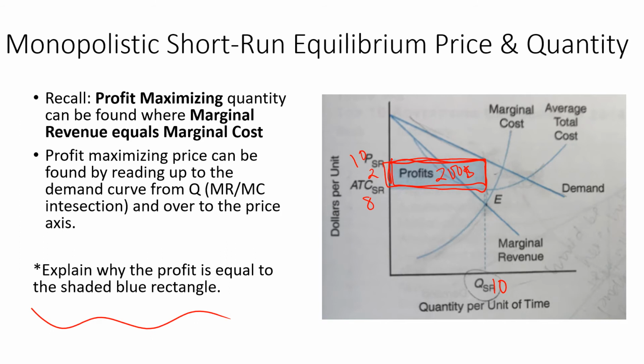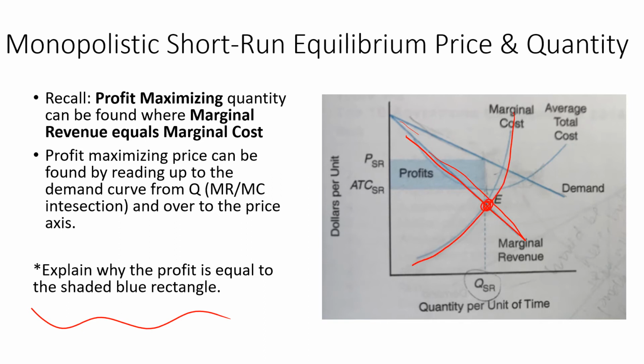Okay, so first we need to remember a couple things. That profit maximizing point is where the marginal revenue equals the marginal cost curve. So let's locate those two curves to start. So the marginal revenue curve is right here. Marginal cost curve is right here.